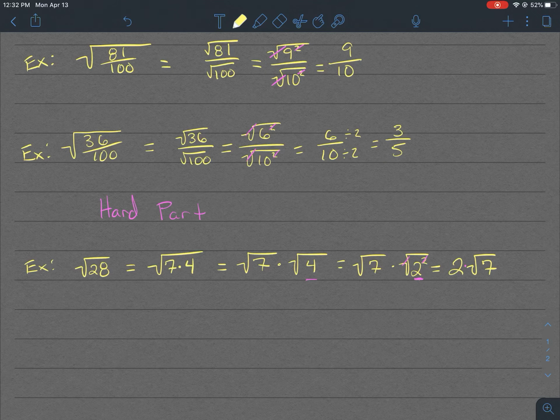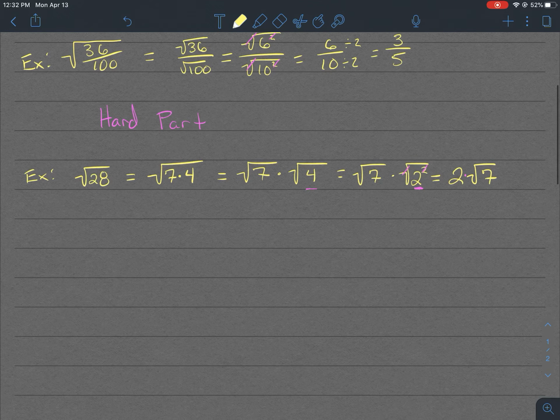Okay, let's do another one. Let's say I have, I don't know, square root of 54. Well, the square root of 54 is the same thing as what if you're thinking about your multiplication facts?